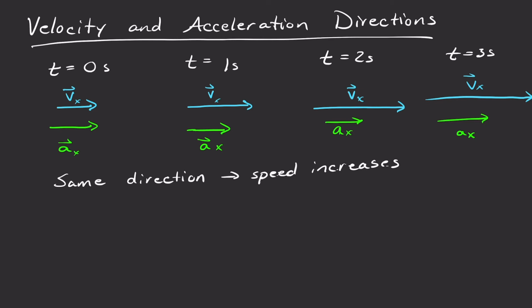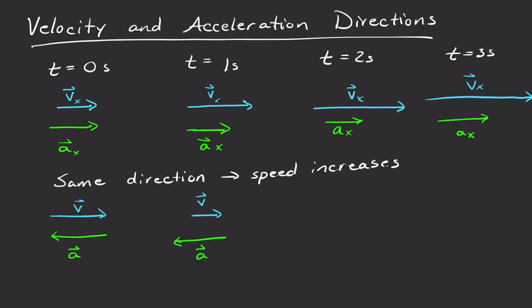Okay, so what if we start with velocity to the right, but our acceleration is to the left? Well, after some amount of time, our velocity vector is going to decrease. So it's going down, okay, because we're accelerating more to the left.